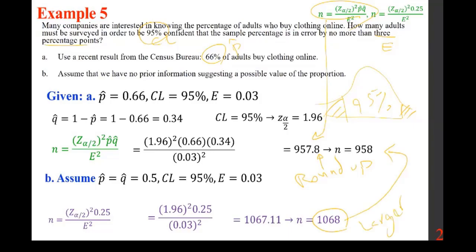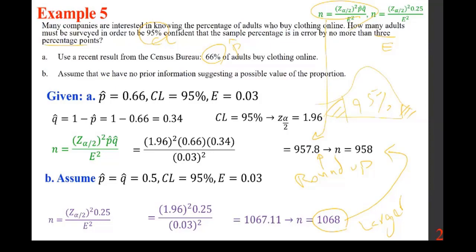Larger. Always the second case is larger. What does it mean? It's a more conservative estimate, meaning if I have no idea what to use, I'll go with the worst case scenario just to be on the safe side. And that means we are going to have a larger sample size.